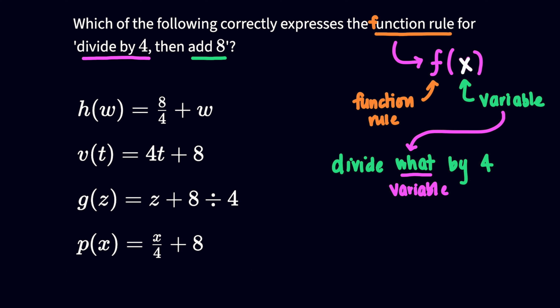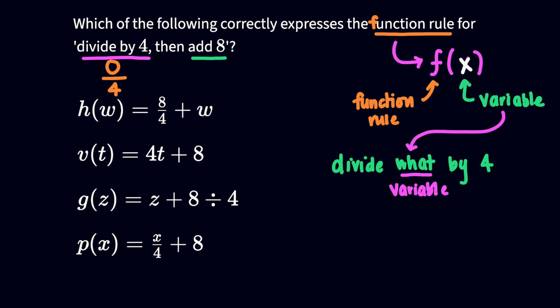Variable by 4. And if you're having trouble with who goes on the top or who goes on the bottom, would it be 4 over x or x over 4? You could always go back to the wording. Literally in the wording it said divide by 4. So that means that I'm going to divide, 4 comes after. So if I write the division sign, the 4 must be on the bottom, right?